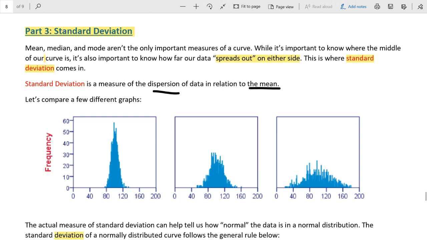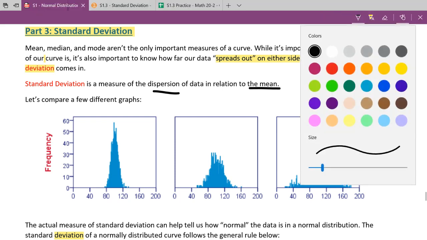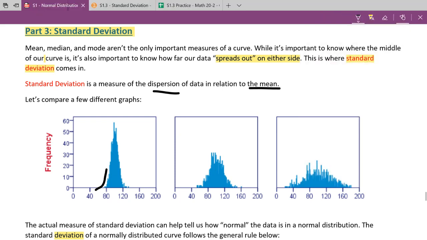So we'll look at a few graphs here, a few histograms, right? They're all in relation of frequency. The first one on the left, we see it's quite a narrow curve. It is normally distributed. It follows that bell shape, right? Low at the ends, high peak at the middle, like a mountain. And so this is really clumped together, right?